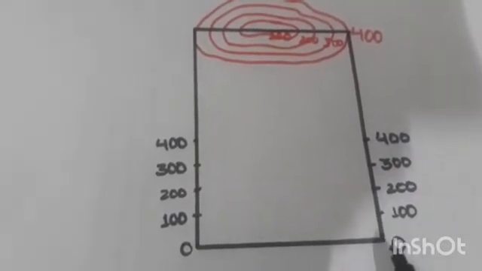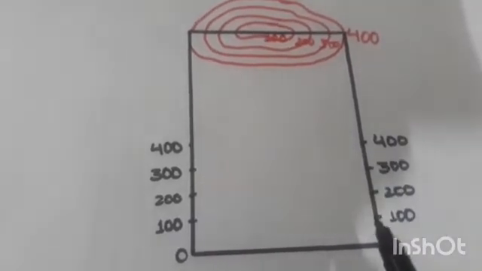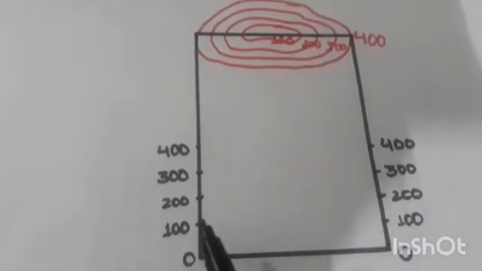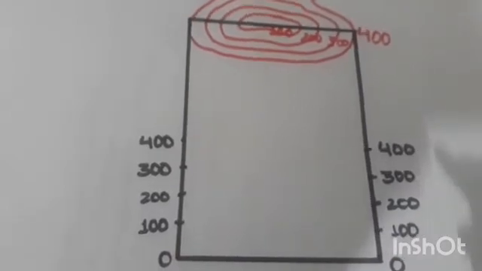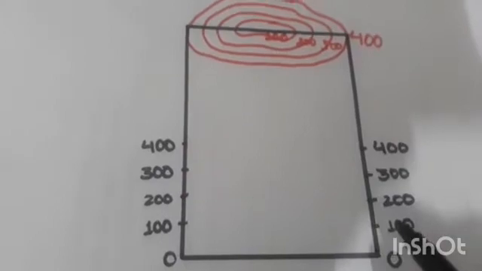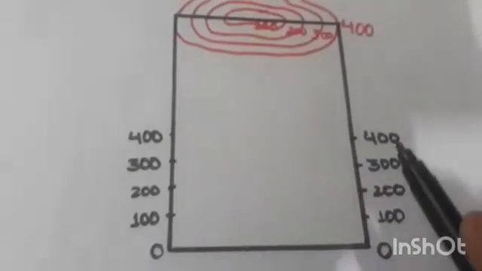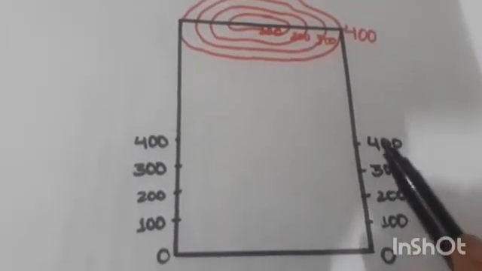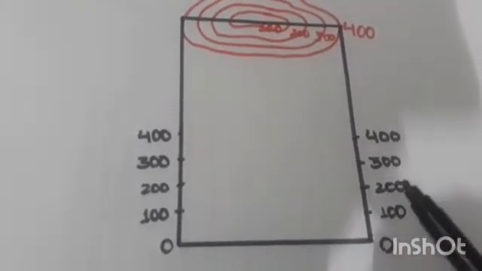Take this base as 0. Then you'll mark 1 centimeter on this line, 1 centimeter gap here and 1 centimeter gap here. Now mark this as 0, then 100, 200, 300, 400. The scale should be like this only. The scale should not be like 0 here and then 100, 200, 300, 400 in some other way.